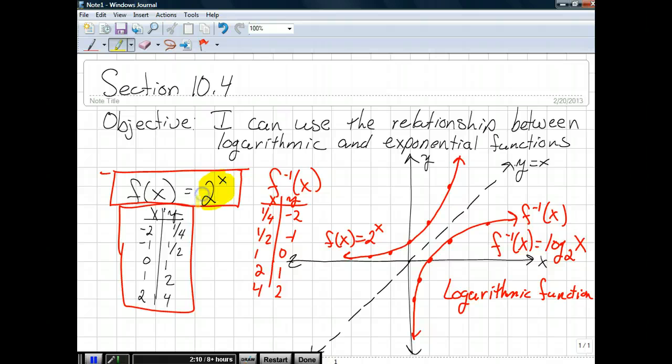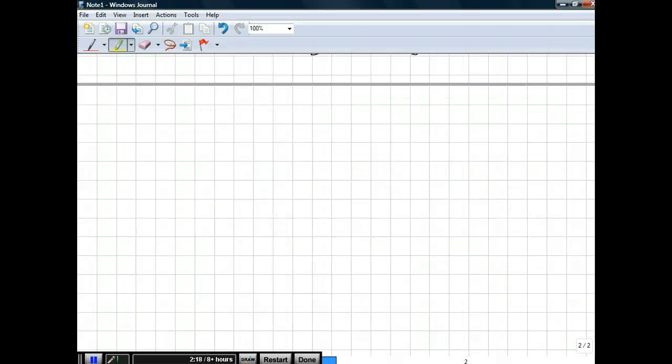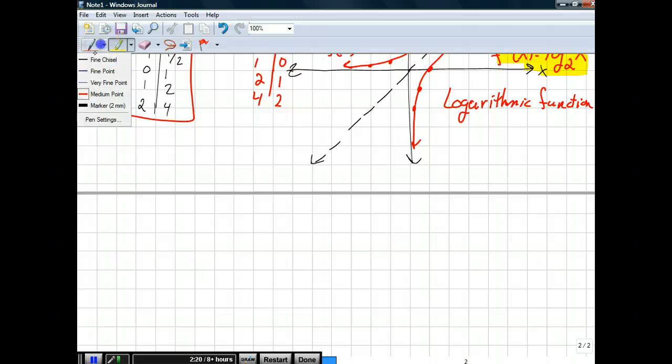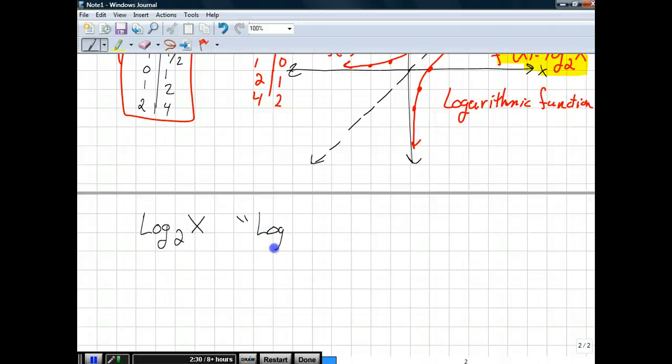This is the exponential function, and this is the inverse, the logarithmic function. The way that we read this notation, log base 2 of x, is how we read that. And again, a log is just the inverse of the exponential function, okay?